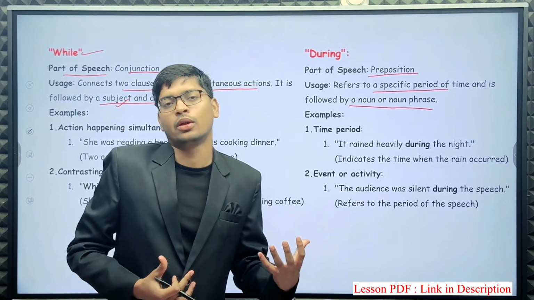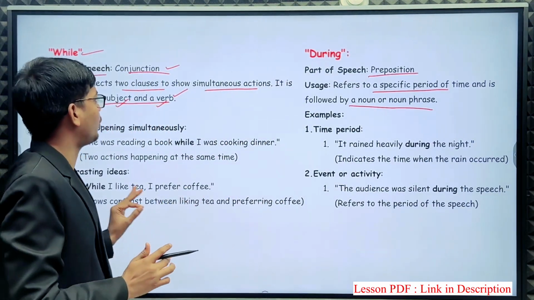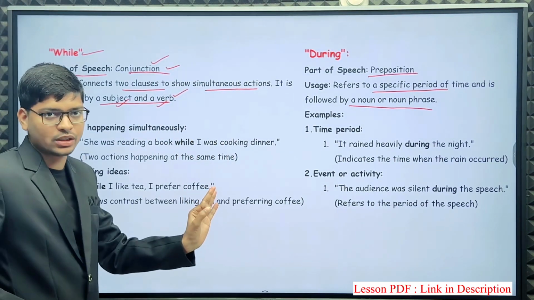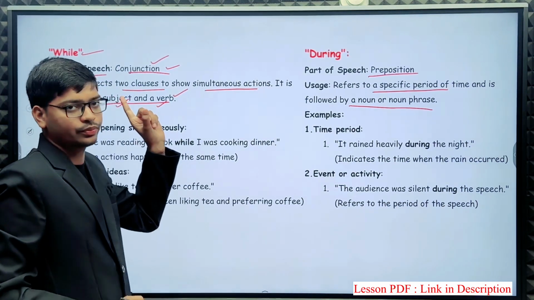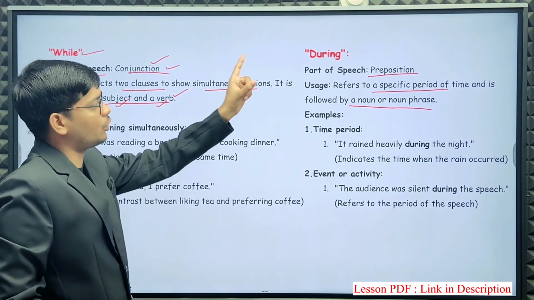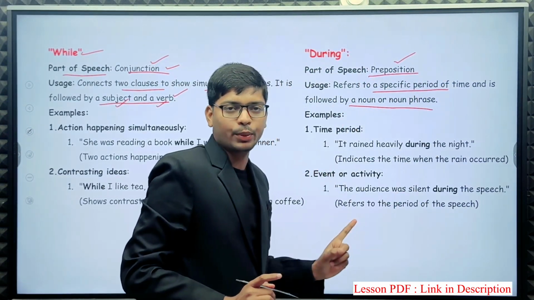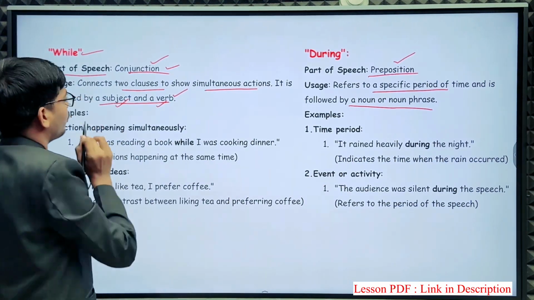These are very important differences. Both are parts of speech. While is a conjunction, and during is a preposition.